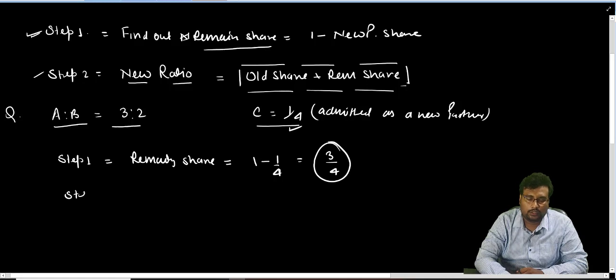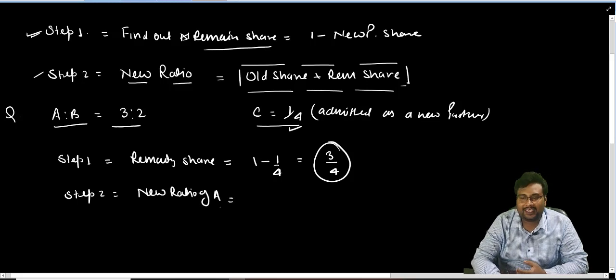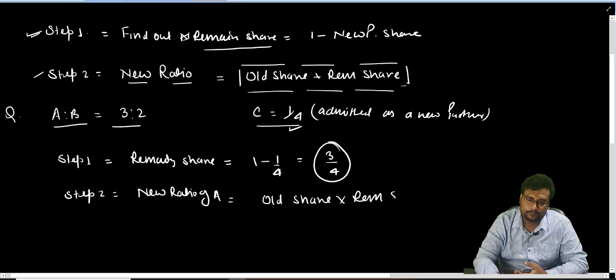Step number 2, we have to calculate the new ratio of A. The new ratio of A is very simple. We will find out the old share into remaining share.